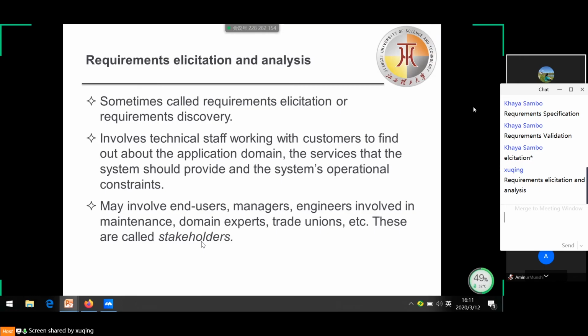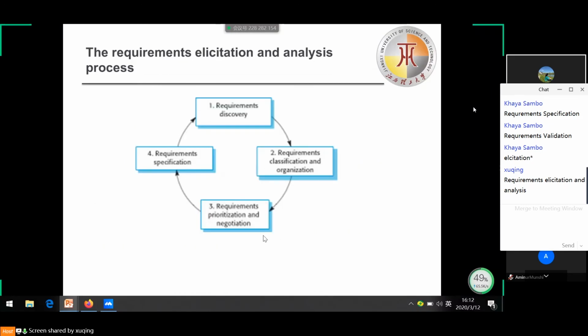A system stakeholder is anyone who should have some direct or indirect influence on the system requirements. And stakeholders include end users who will interact with the system and anyone else in an organization who will be affected by the system.